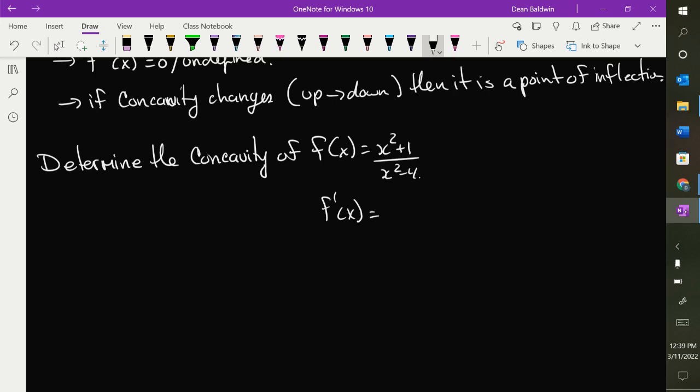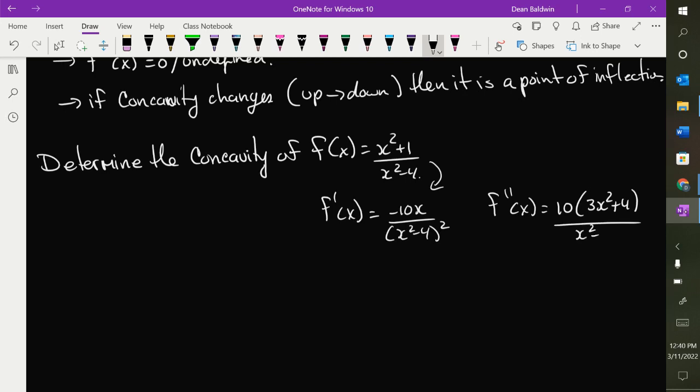The first derivative becomes negative 10x over x squared minus 4, all squared. That's f prime. You should practice this on your own to make sure you can get that. If you then do the derivative of f prime, you will get f double prime equals 10 times 3x squared plus 4 over x squared minus 4, all cubed.